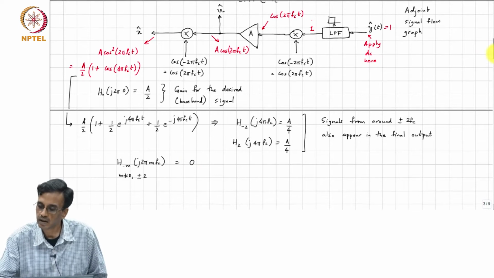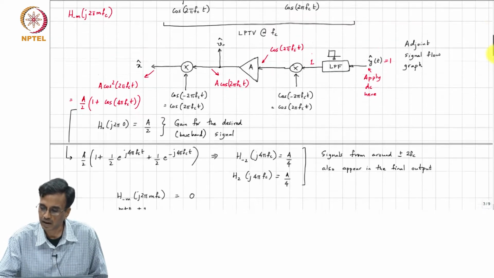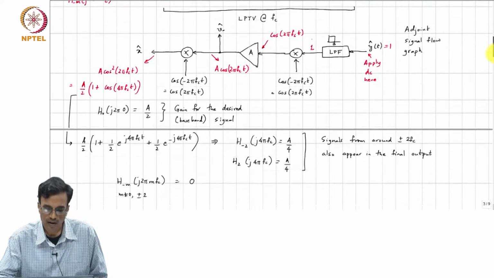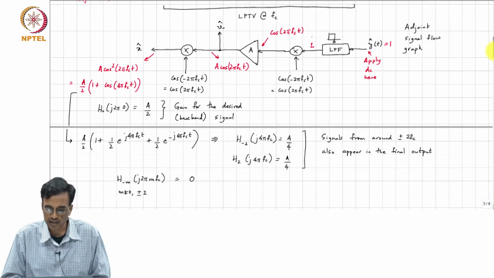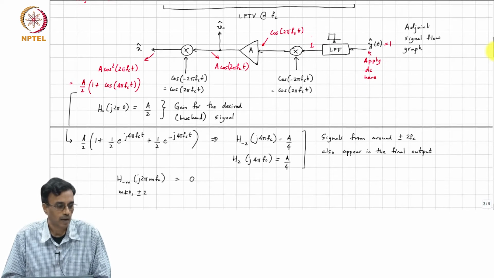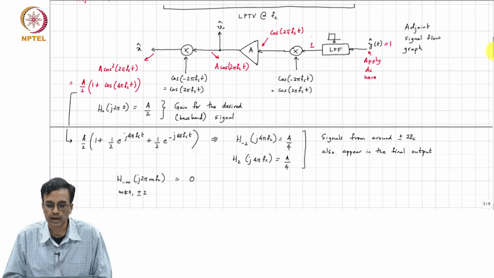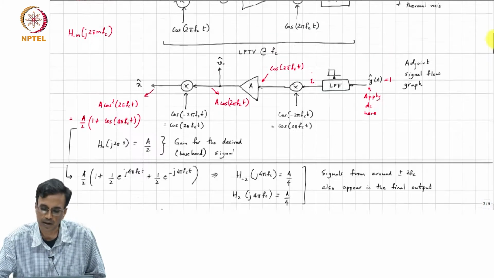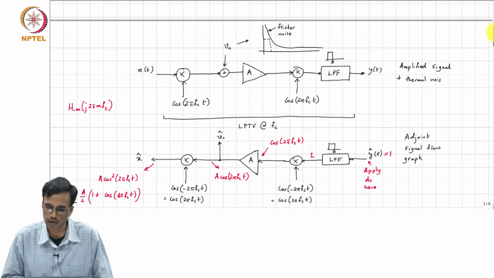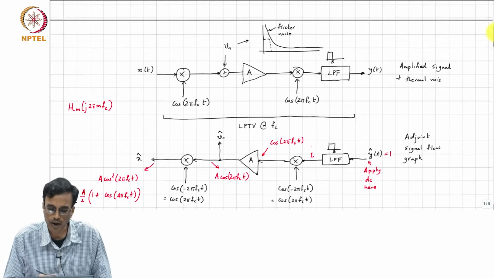All right. So our adjoint analysis has taught us that we have to be careful about input signals which are around 2fc, because that can also get translated to baseband. Once you know the answer, it is easy to see why.